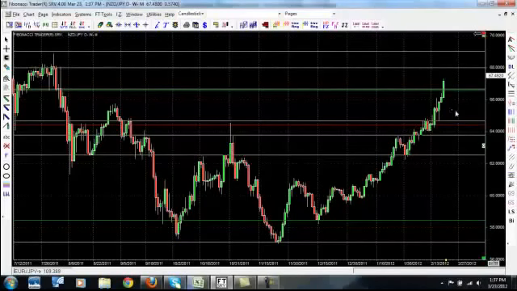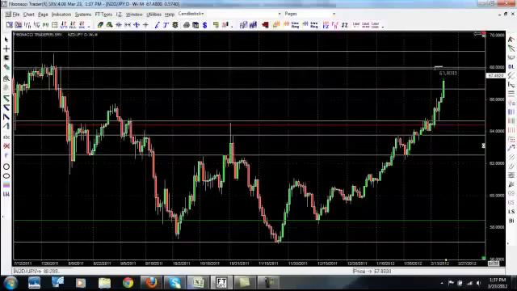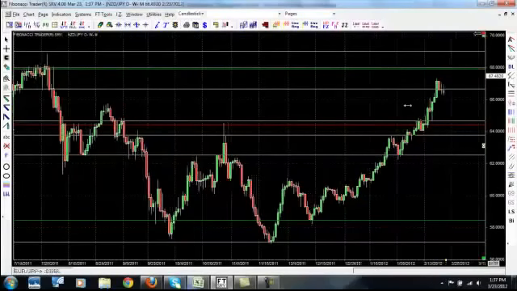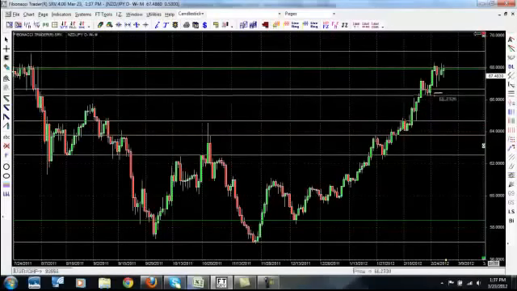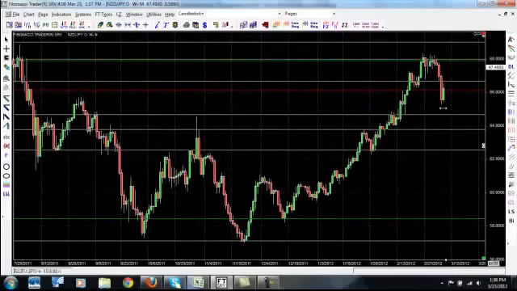Okay, so now we're going to look for the next profit target, which is going to be right in here. And boom, it hit it again. I'm going to put my stop below this swing low here. Boom, we got stopped out. You got it? So we got stopped out.